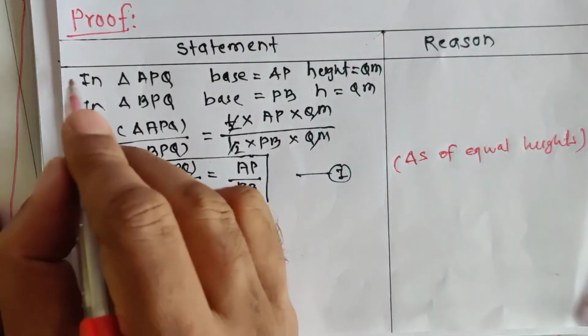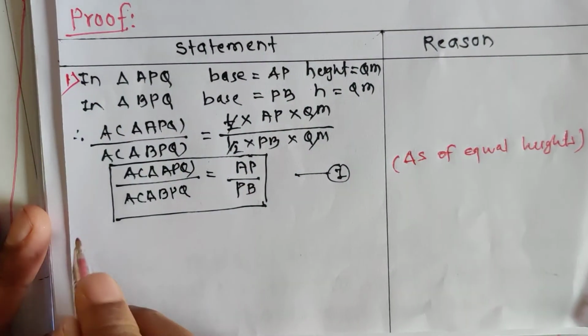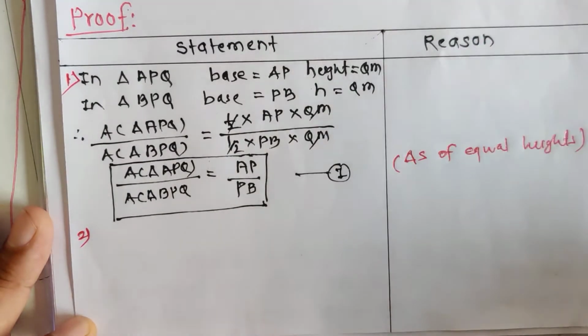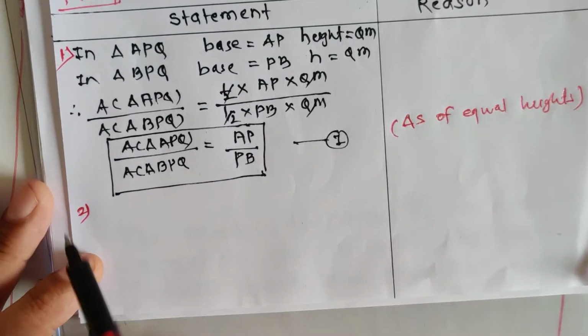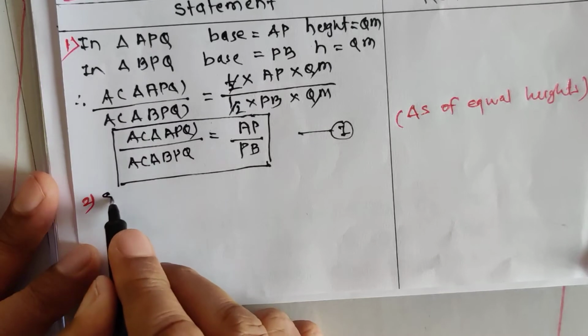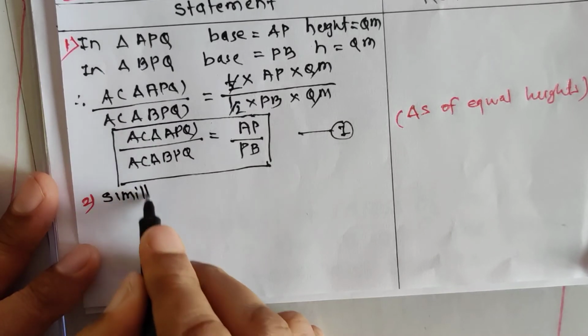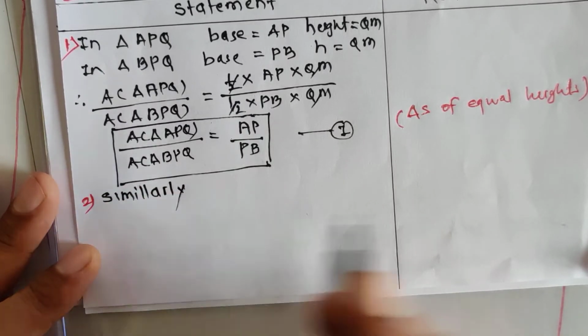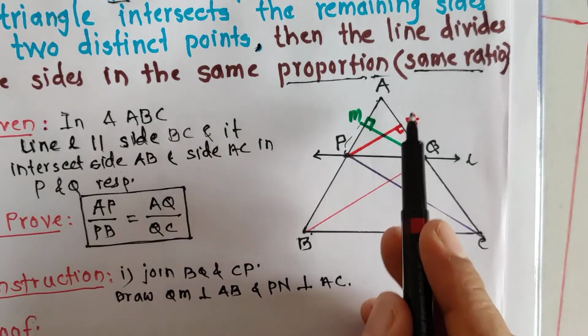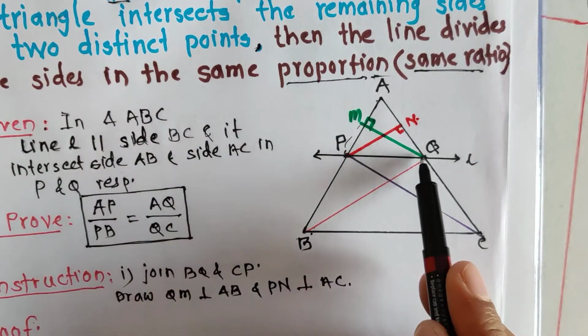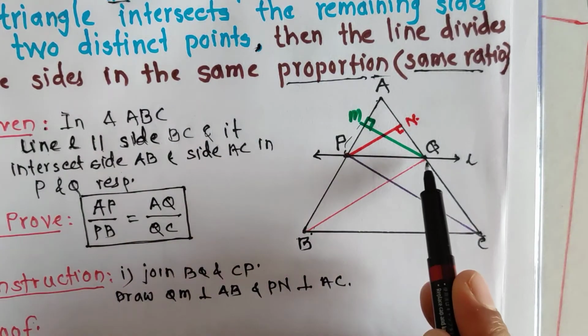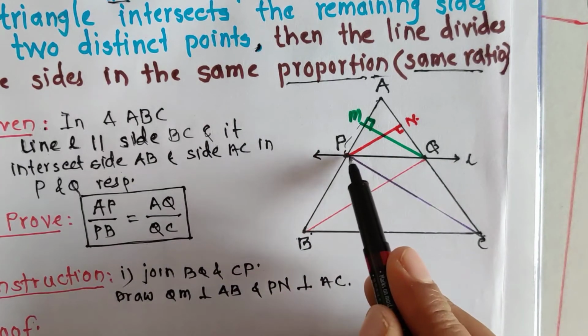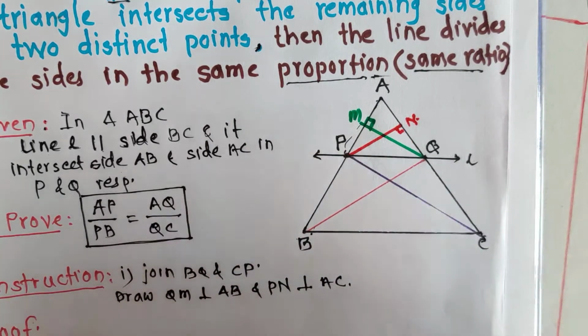Now this is the first statement. Now second statement. Similarly, if we consider triangles APQ and CPQ, here PN is the common height for both.